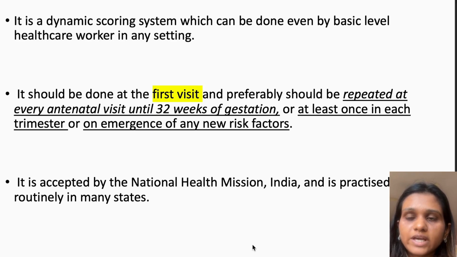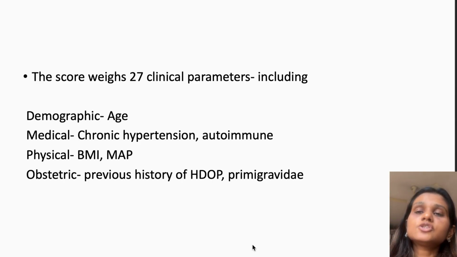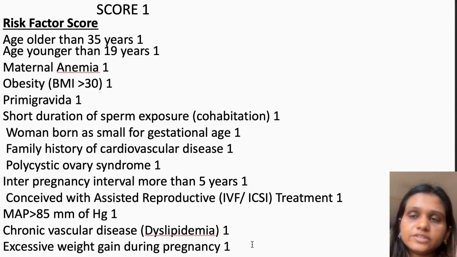In this score we weigh 27 clinical parameters, including demographic factors like age, medical factors like chronic hypertension and autoimmune diseases, physical factors like BMI and MAP, and obstetric risk factors like previous history of HDP or if she is a primigravida. If I show you the exact score, these are the factors which have been scored as 1, like age older than 35, younger than 19, maternal anemia.